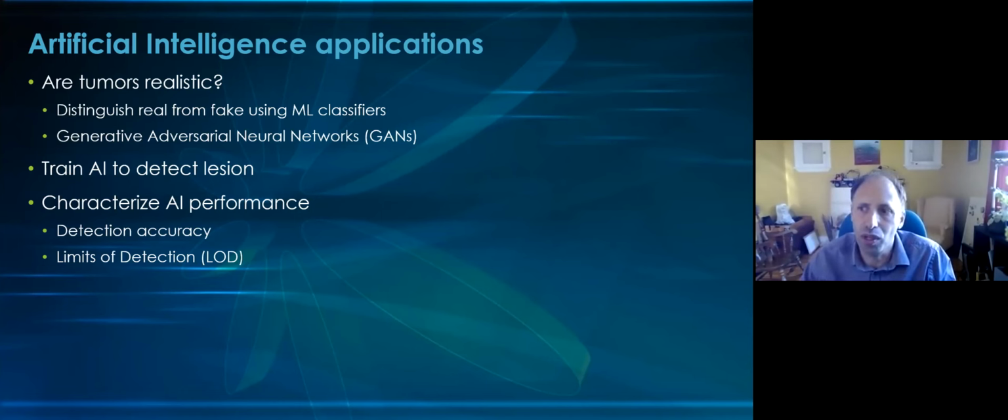And so what we want to do is to use synthetic lesions to generate lesions that are barely perceptible, and then be able to also measure how well AI is able to detect these faint lesions, and really be able to score if it's better than humans or worse than humans at detecting these faint lesions.